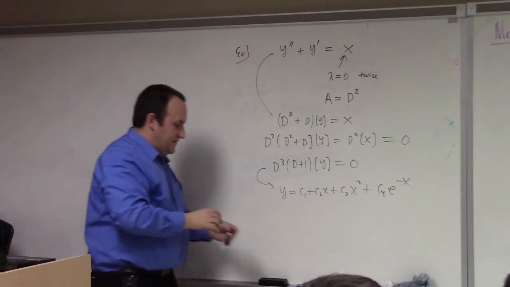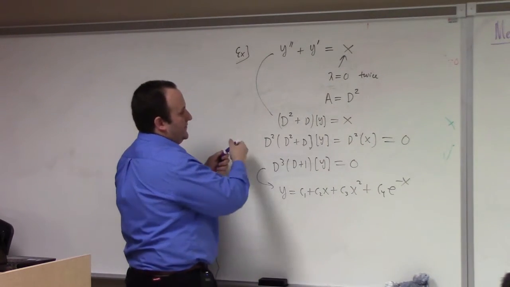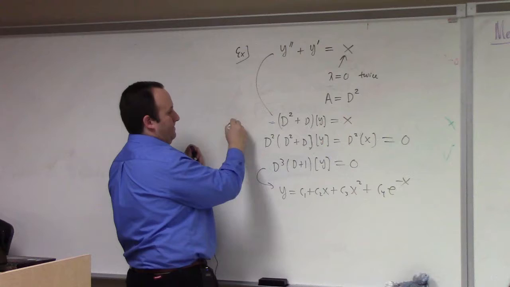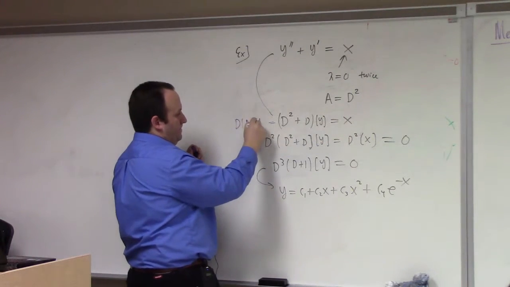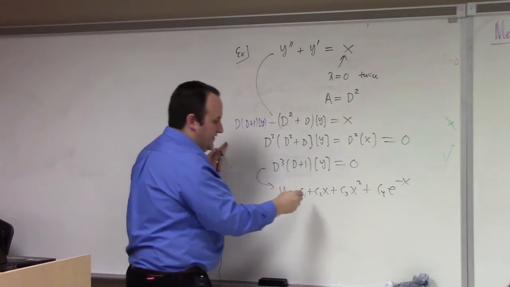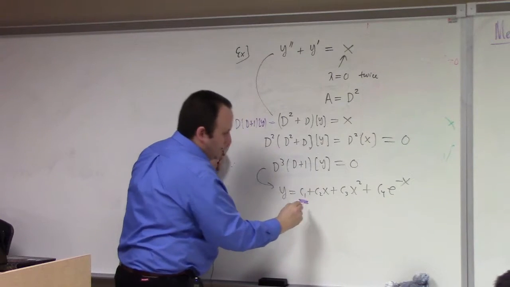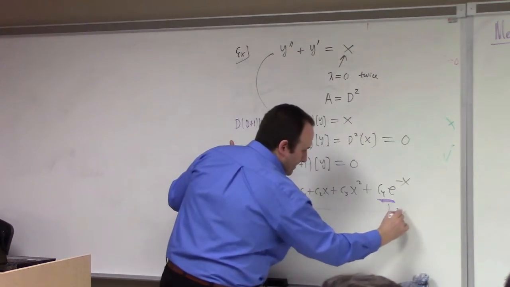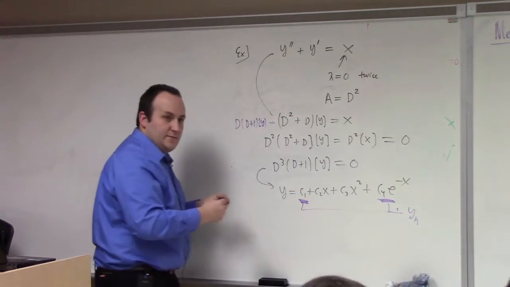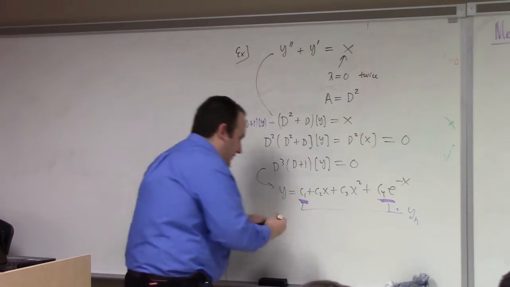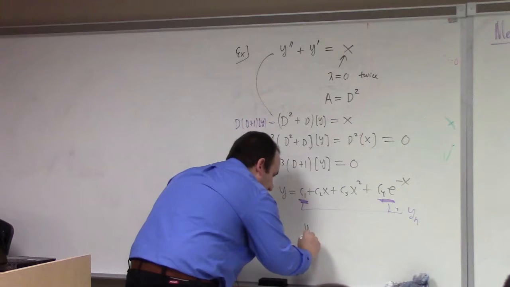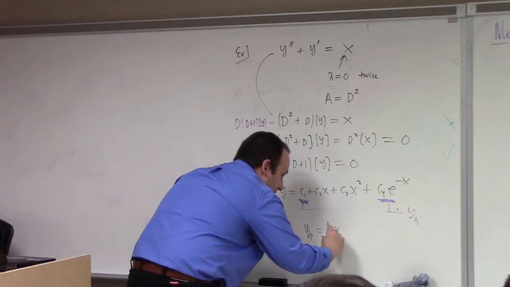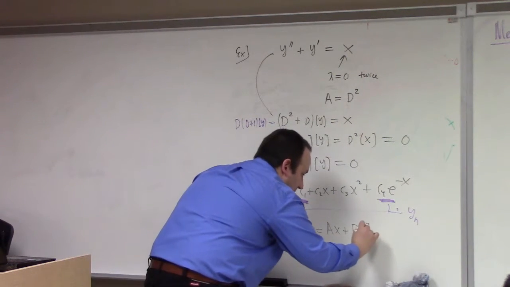The homogeneous piece here is from this. So I can see the homogeneous piece is going to be this piece and that piece. This is the homogeneous piece. So whatever's left has to be the particular solution. The particular solution this time I will set yp equal to ax plus bx squared.